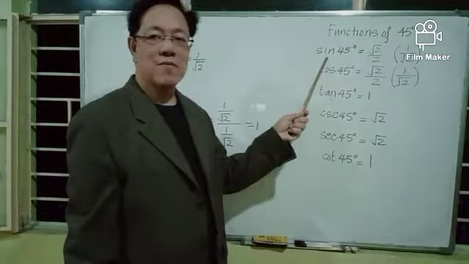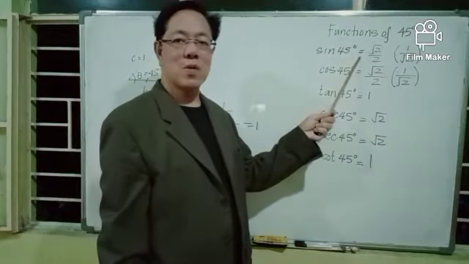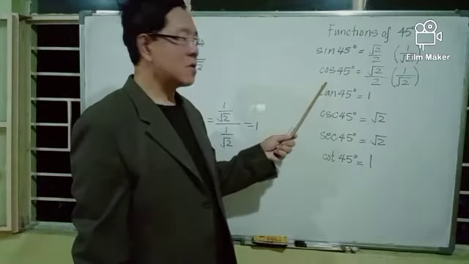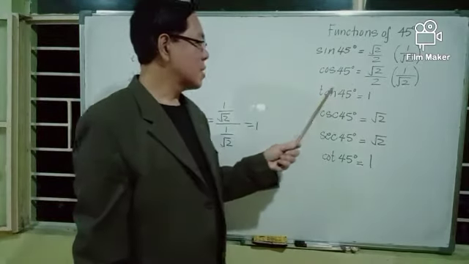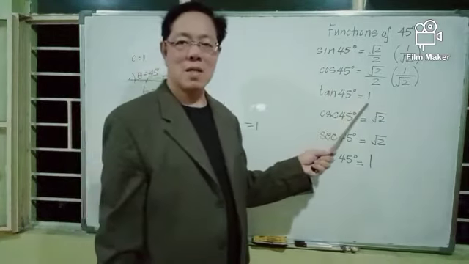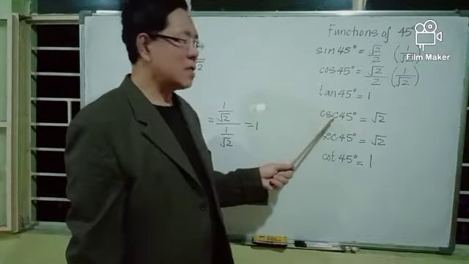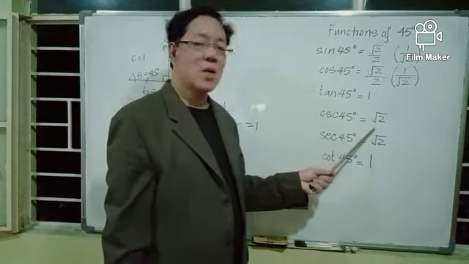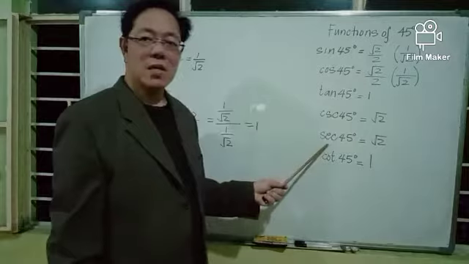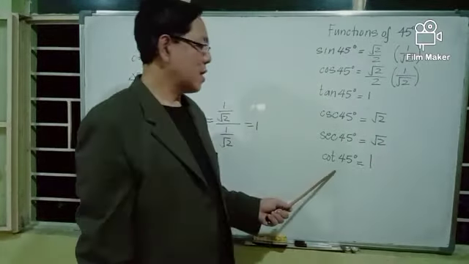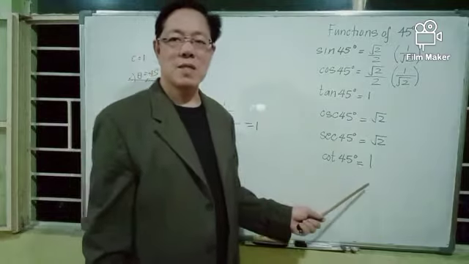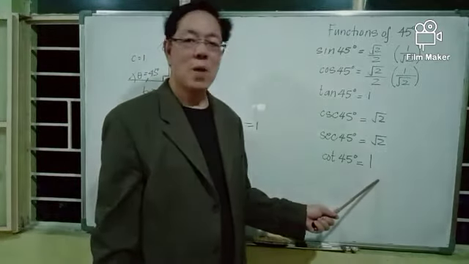The sine of 45 degrees is equal to square root of 2 divided by 2. Cosine of 45 degrees equals square root of 2 divided by 2. Tangent of 45 degrees is 1. Cosecant of 45 degrees equals square root of 2. Secant of 45 degrees equals square root of 2. And cotangent of 45 degrees equals 1.